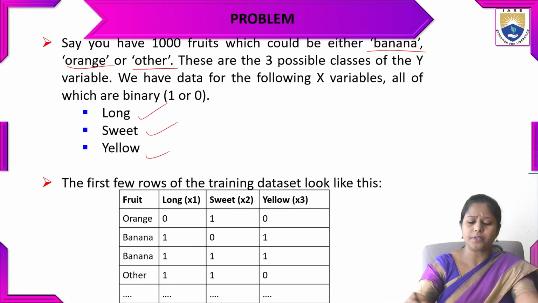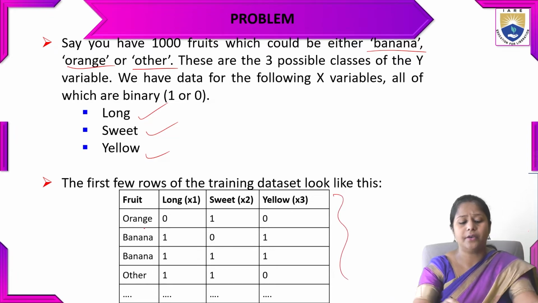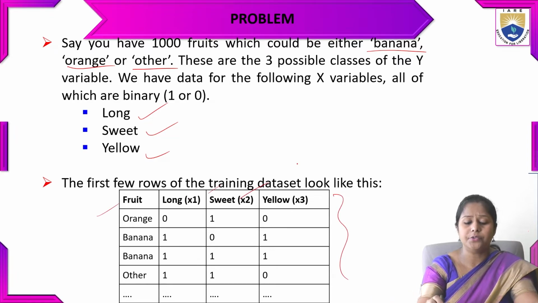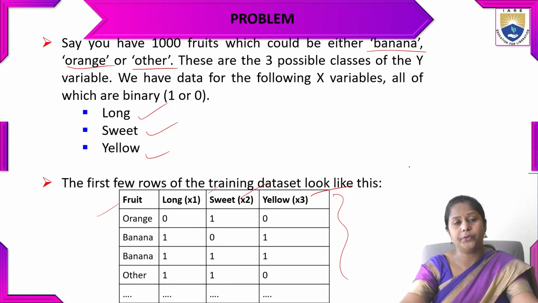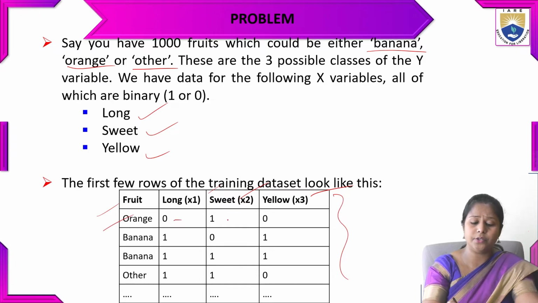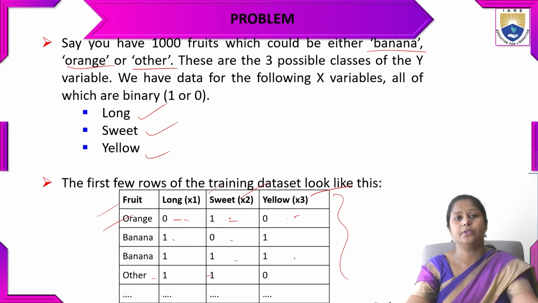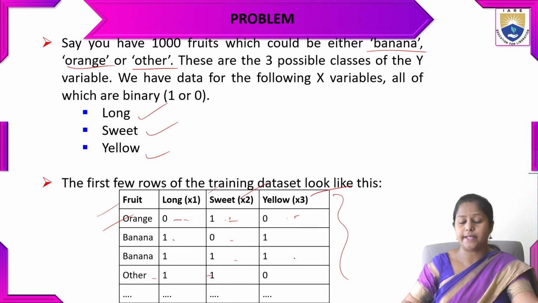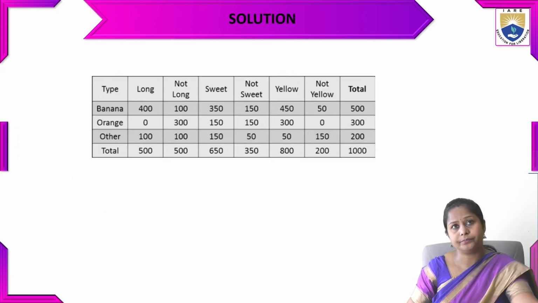We are showing a few records: the fruit, long, sweet and yellow. These are the features. The record for orange is 0, 1, 0. These are the other feature values. For banana 101, banana 111, other 110. So like this, one training data set is there with us.